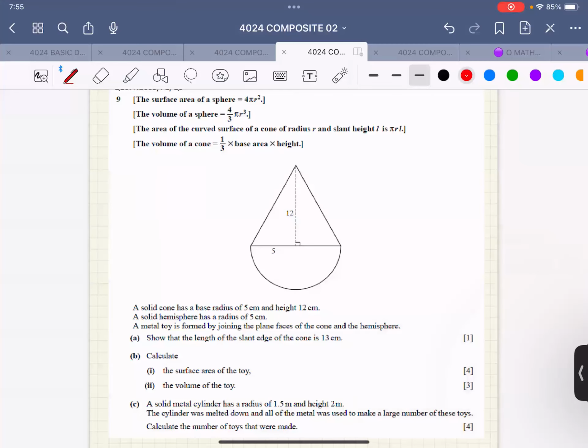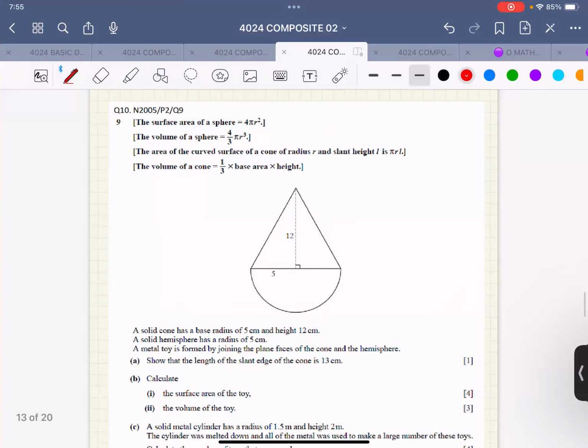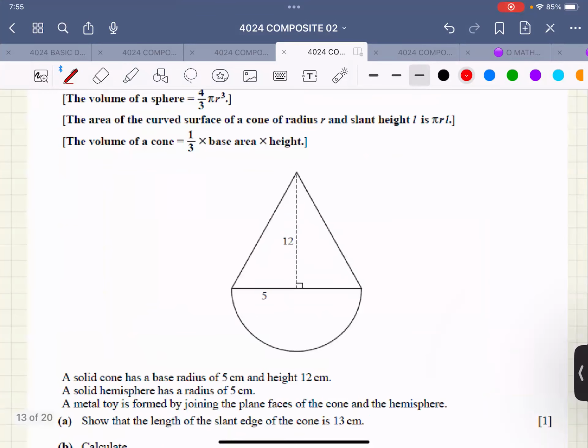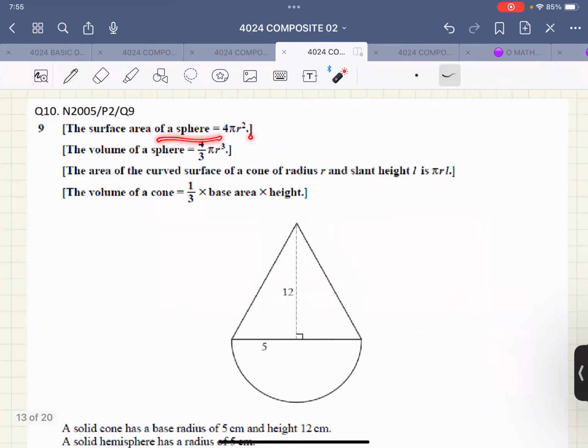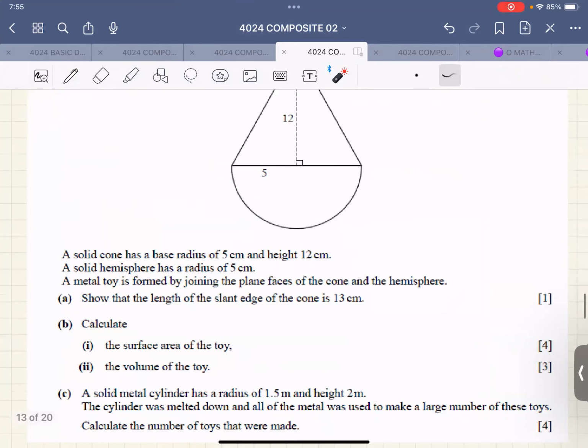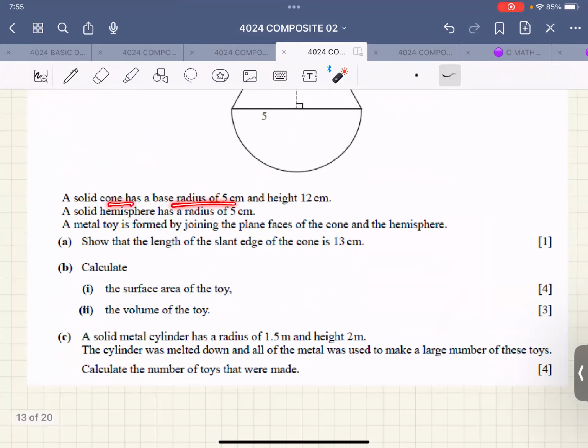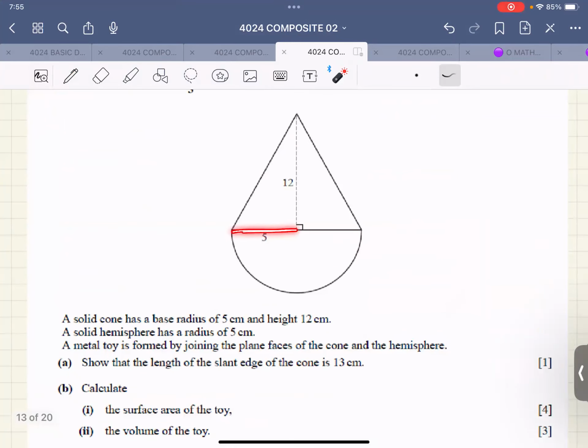Now let's look at this question. What have they given us? They have given us the surface area of a sphere, volume of a sphere, area of the curved surface of a cone, and volume of a cone. The question says a solid cone has a base radius of 5 and a vertical height of 12.